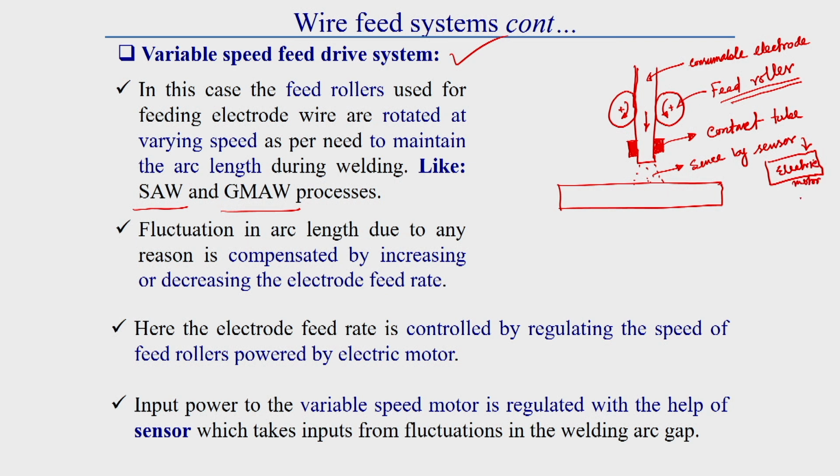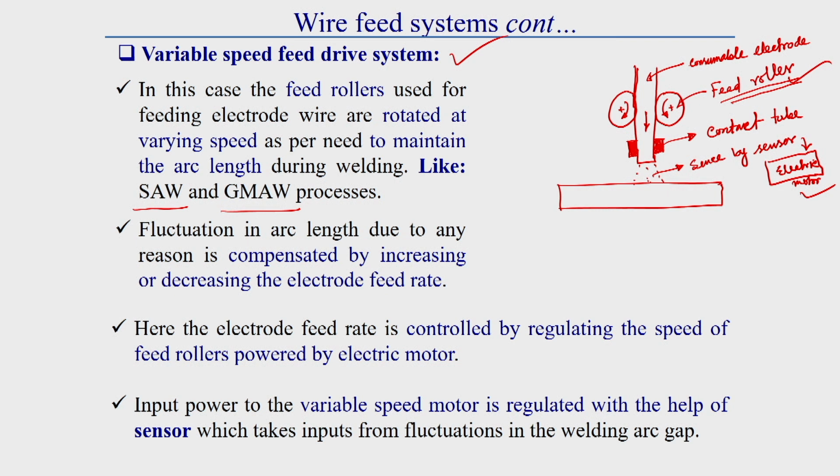By this the motor gets the power, and according to what the sensor senses, the motor controls the speed of the feed roller. The feed roller is controlled by the sense collected by the sensor.